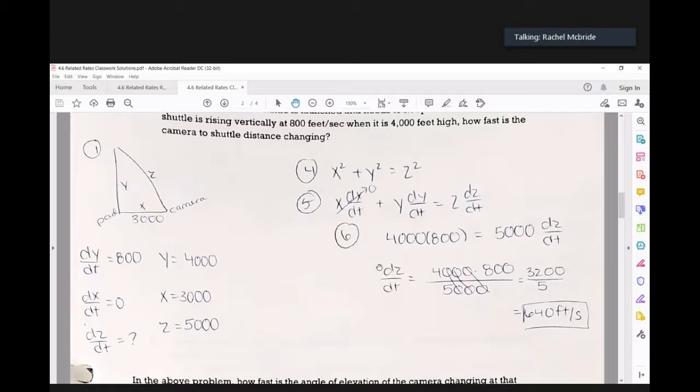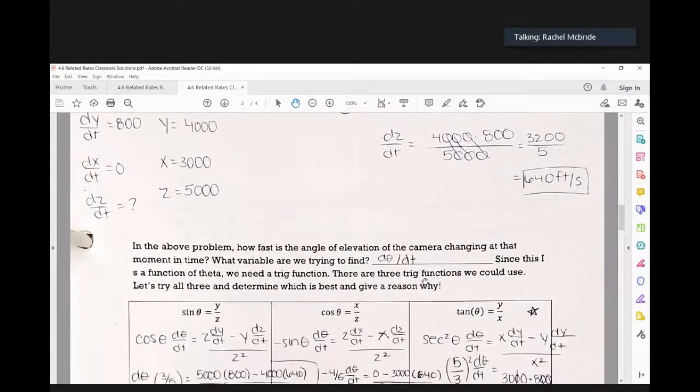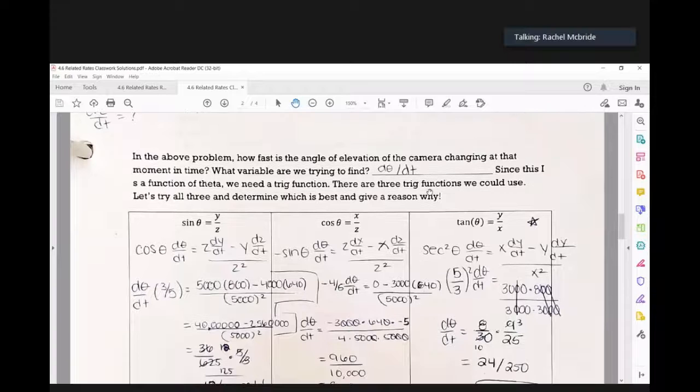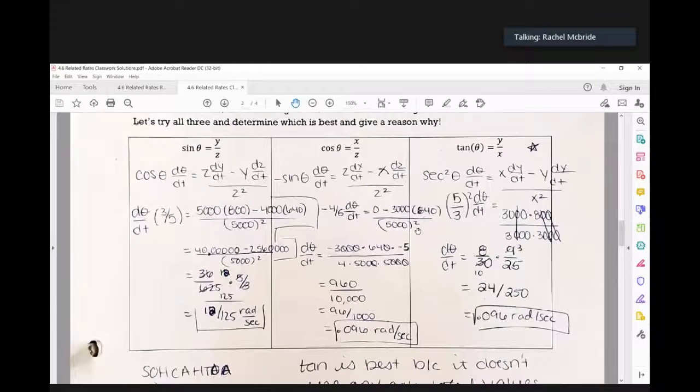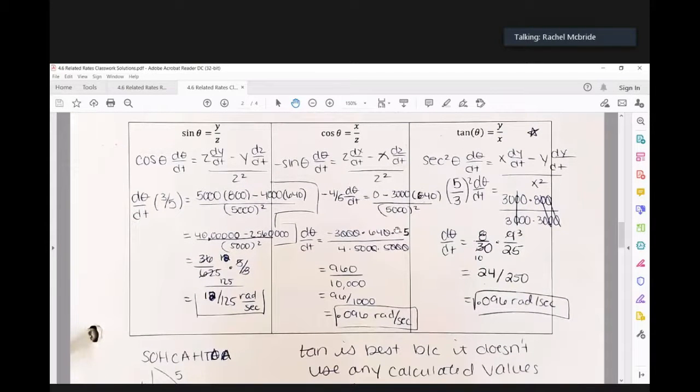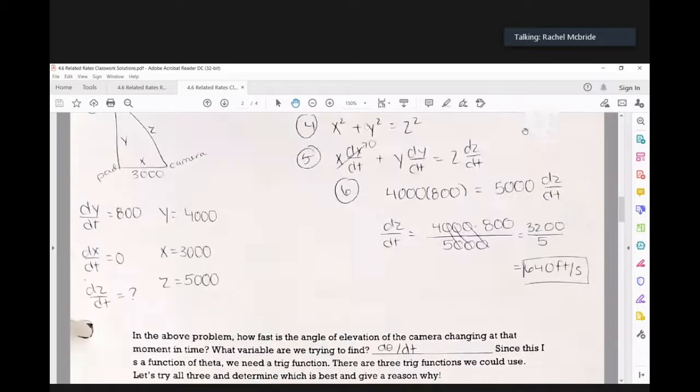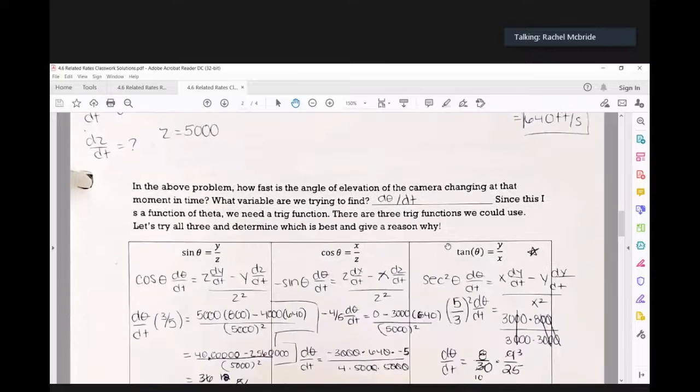Then upon finding dz/dt, you went down here, and because we were struggling so much with SOHCAHTOA, I set it up that you did each of the 3 parts of SOHCAHTOA. But it's also important to know that tangent is the best because it doesn't use any calculated values. So for the tangent SOHCAHTOA, this one's the best one because you didn't have to use anything we found up here in part A.